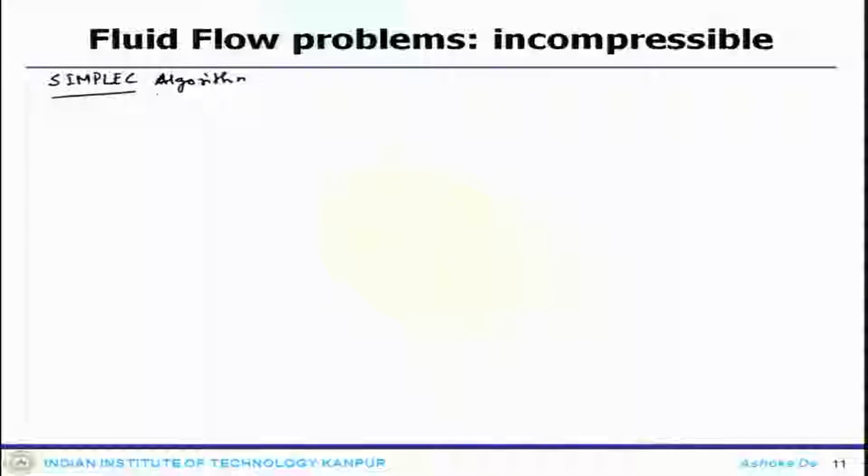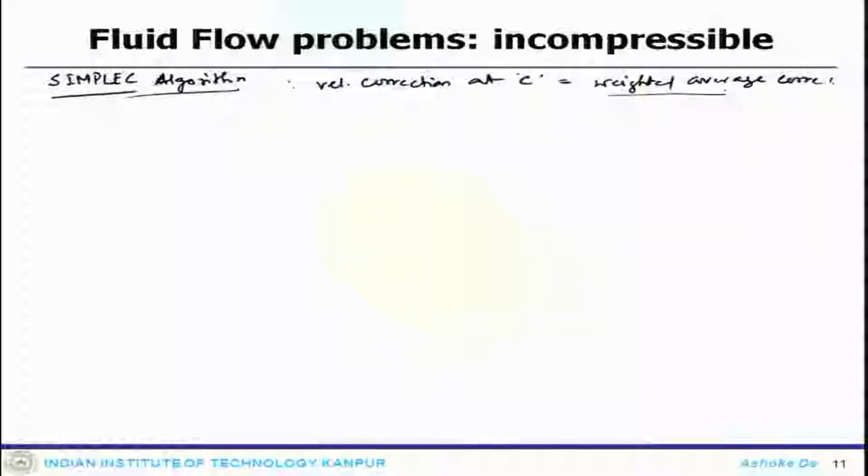Now, again as I said, this is a modified version of the SIMPLE algorithm, and it is derived by assuming the velocity correction at point C is some sort of a weighted average correction, taking care of some weighted average corrections of the neighboring elements.